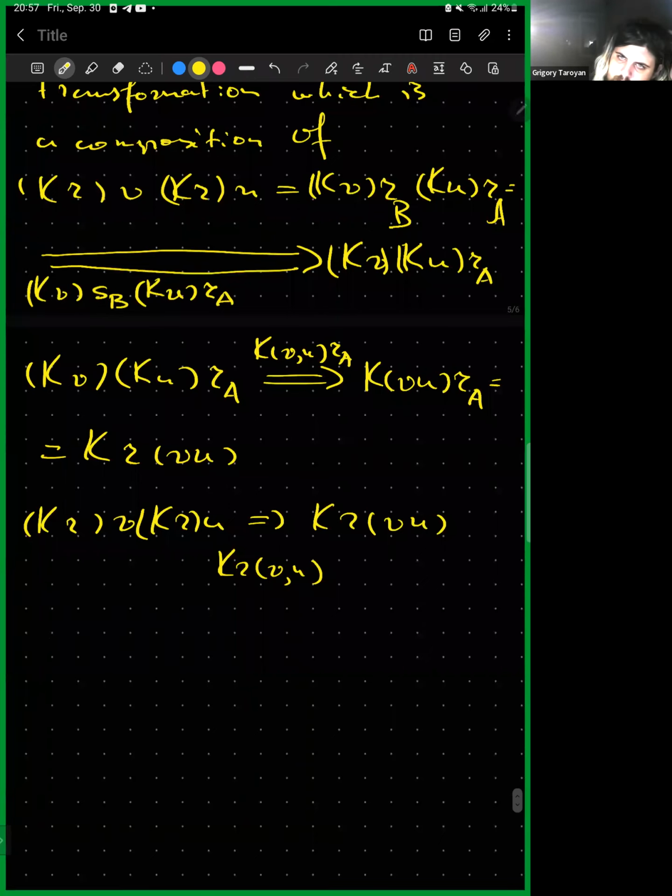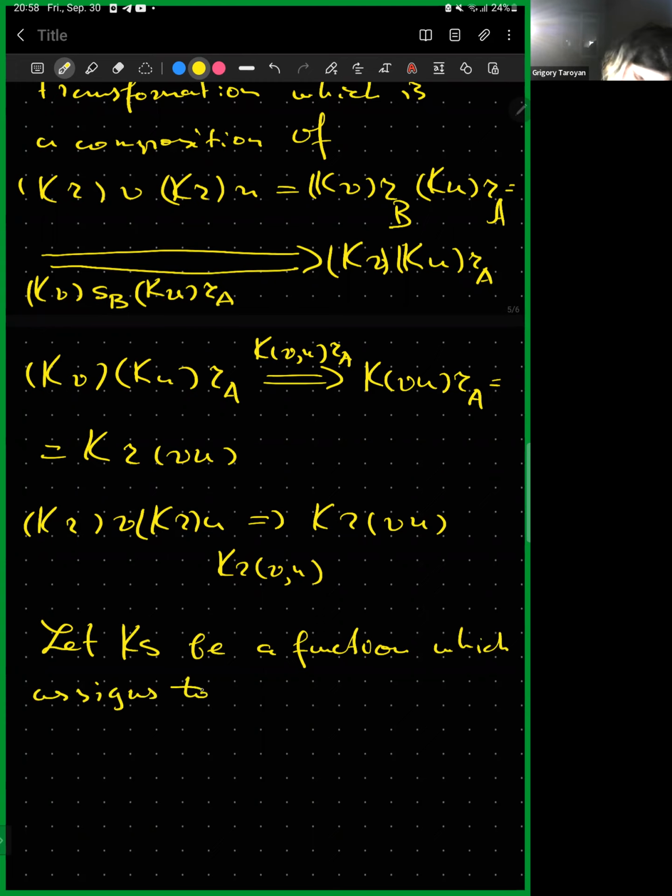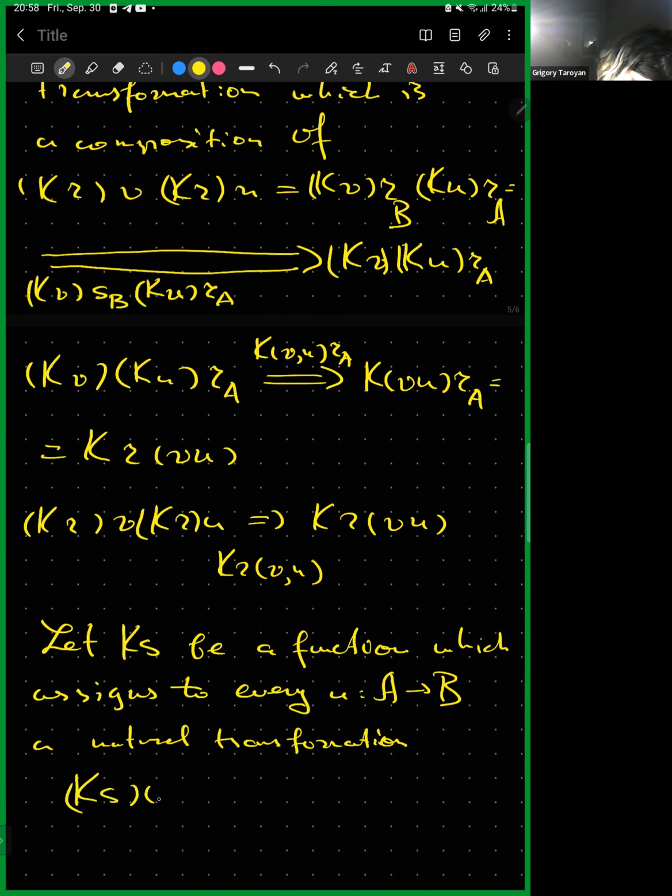Now we define another function. So let KS be a function which assigns to every functor U from A to B a natural transformation KS U defined like this.